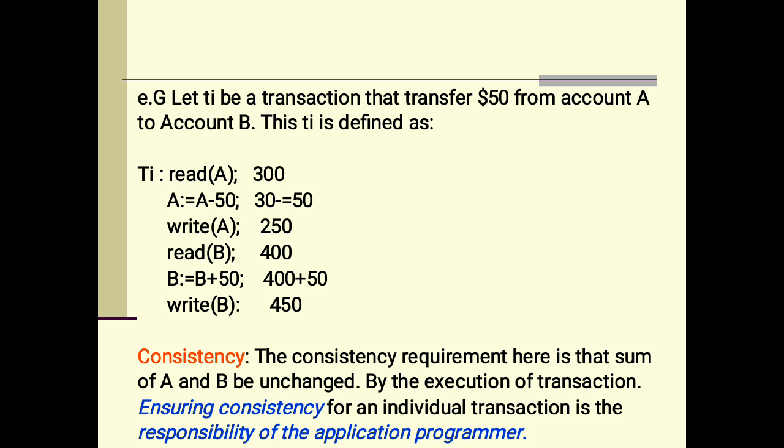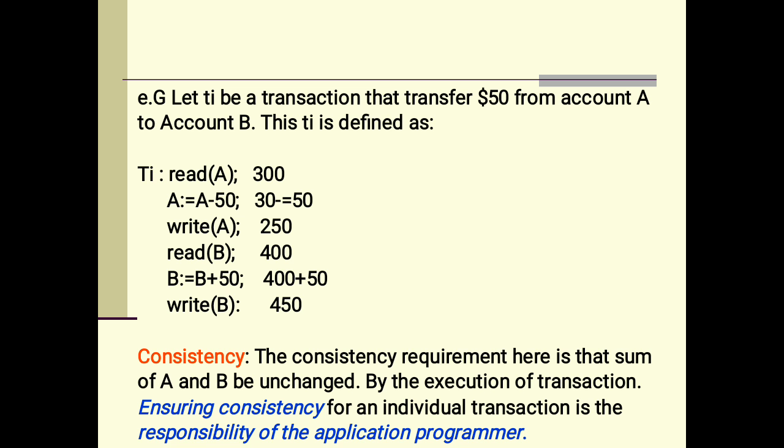For example, in account A we have $300. As we are transferring $50 from account A to B, we have to subtract that amount from account A. So A = A - 50, so we have to subtract 300 minus 50.